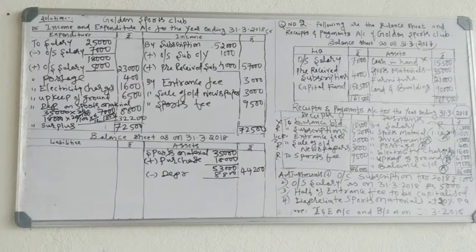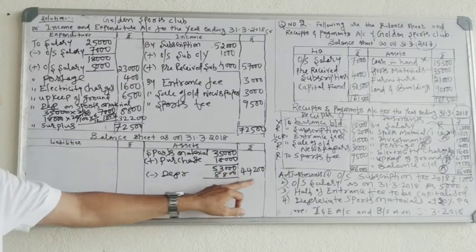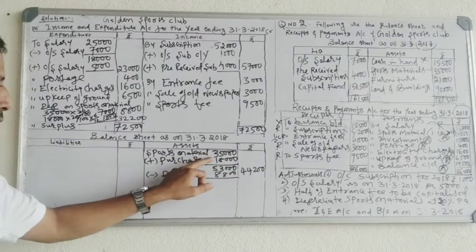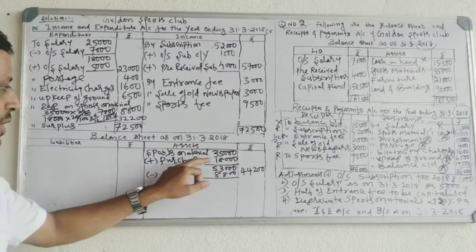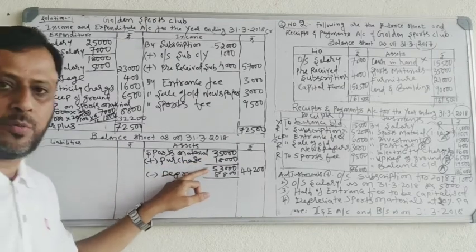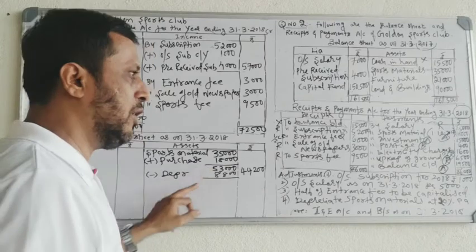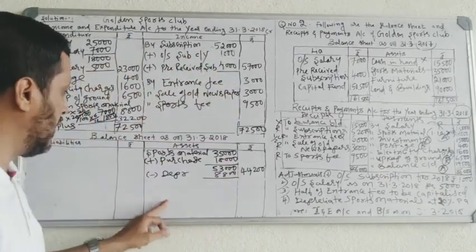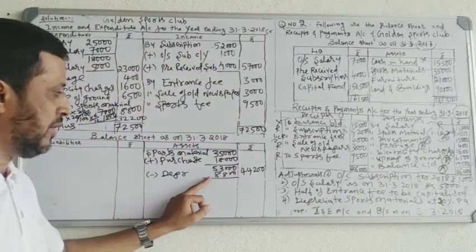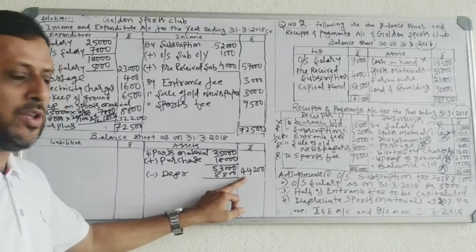So the balance of sports material at the end of the year is 44,200. 35,000 worth of sports material is already available in the business. 18,000 worth is purchased. Total sports material is 53,000. Out of that, depreciation, the decrease in value because of use, is 8,800. So the remaining balance is 44,200.